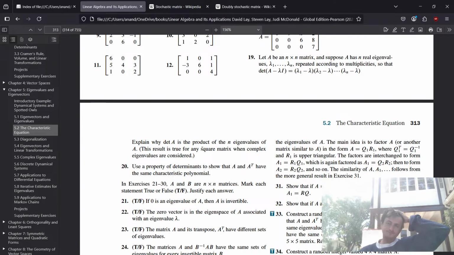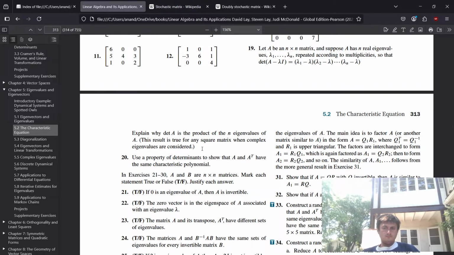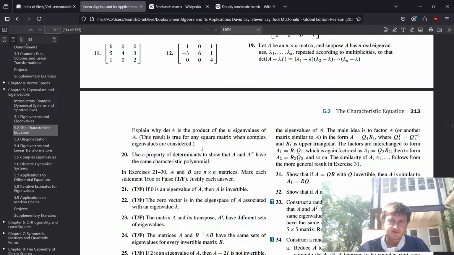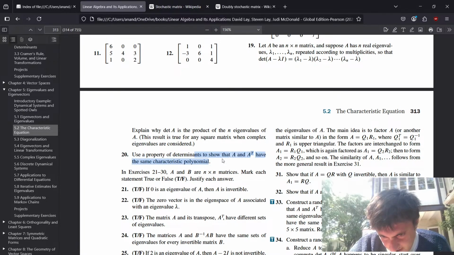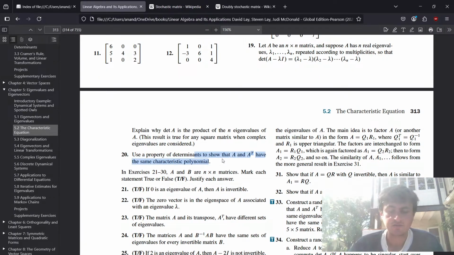Let me think. Use the property of determinants to show that... all right, 20 seems pretty good. I guess there are some good ones in here.